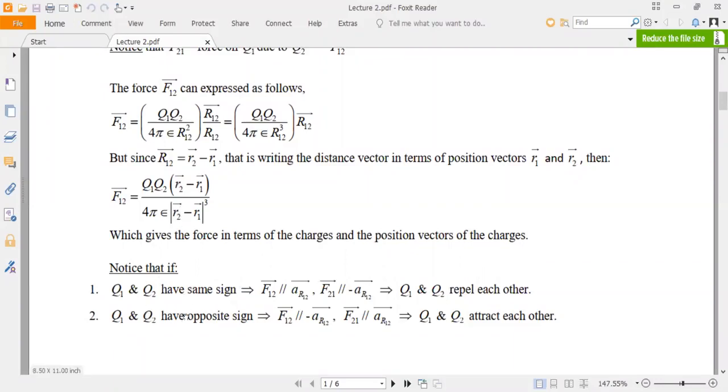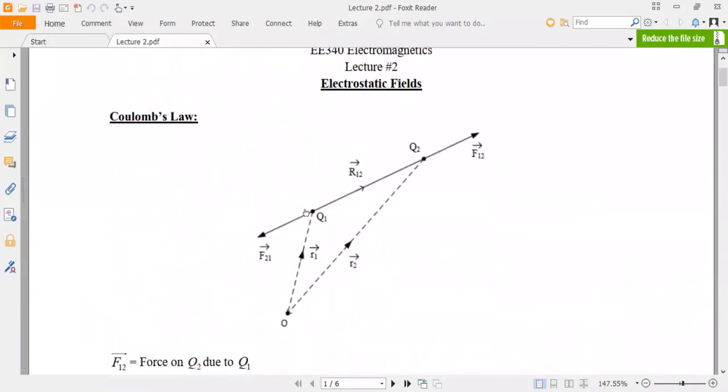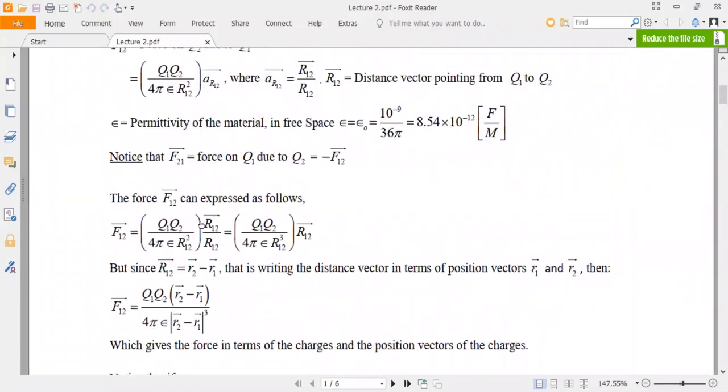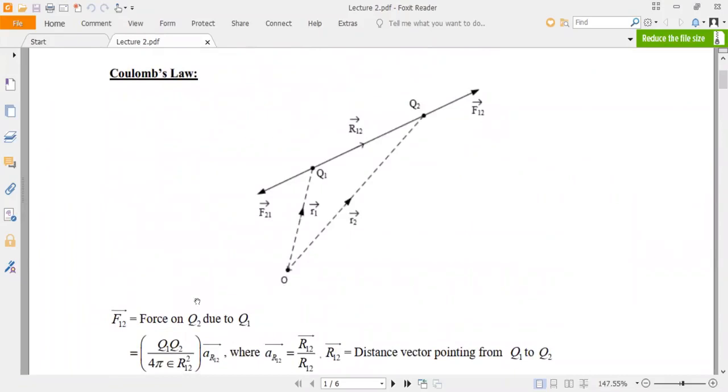We know it very well that if Q1 and Q2 are of the same sign, which is the case in what we have derived, since I'm assuming them to be plus and plus, or if it is minus and minus, minus into minus becomes plus, so it is the same thing.